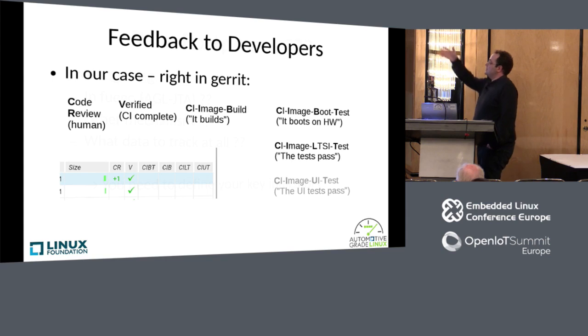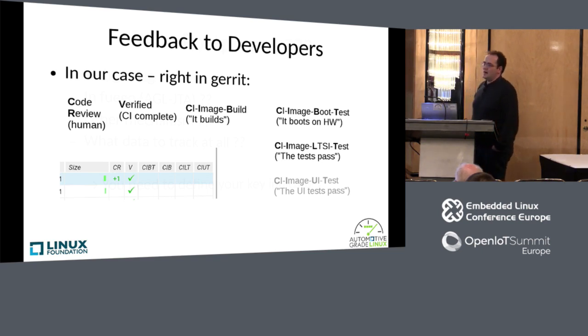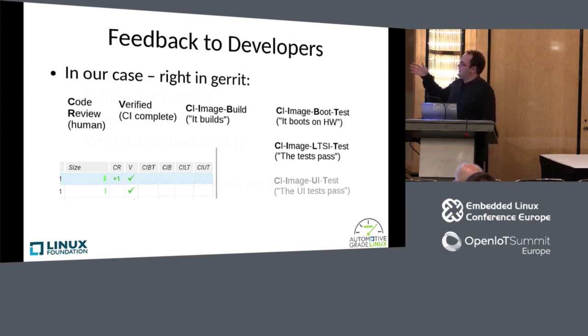Well, image build, as the simplest case, then a simple boot test, some small, short test runs attached, and we have the full test pass. That is, in our case, AGL JTA, or Fuego, basically. The goal is that the developers need to see what's going on. Does it pass on all devices?